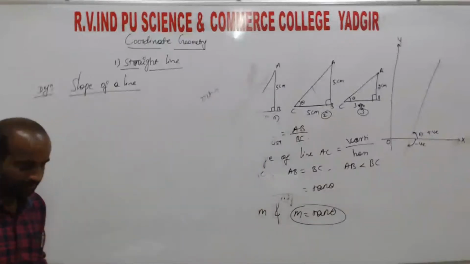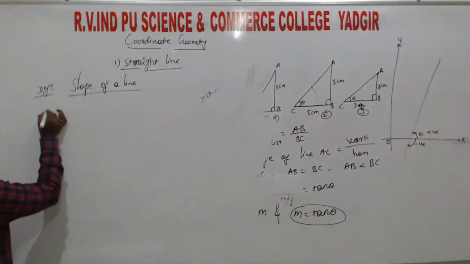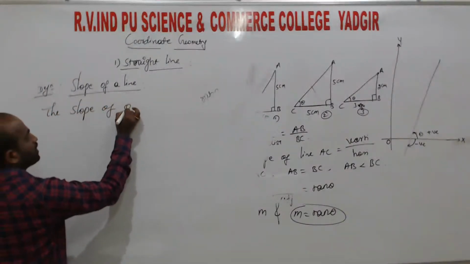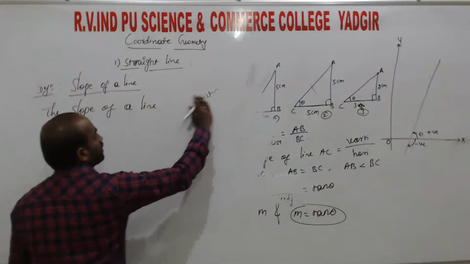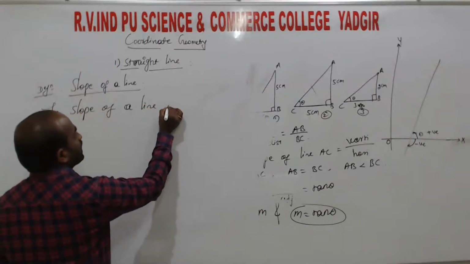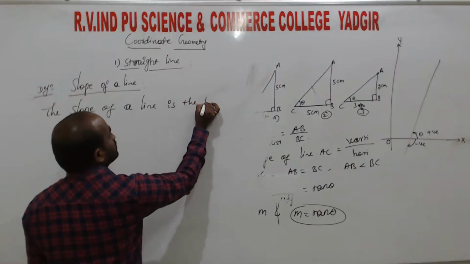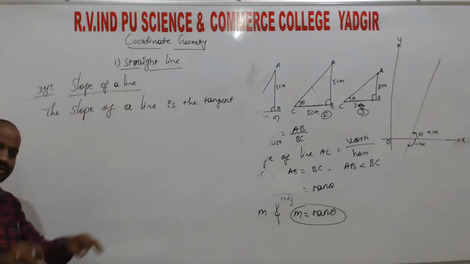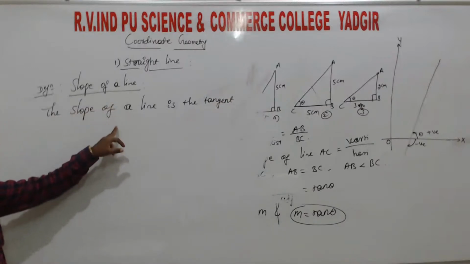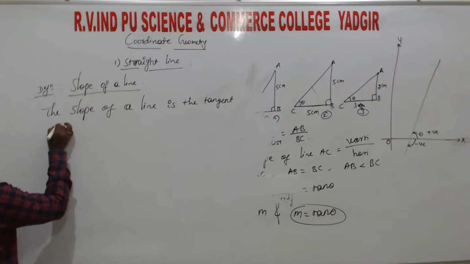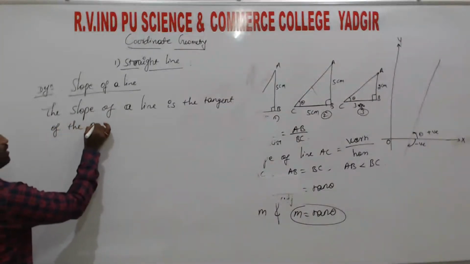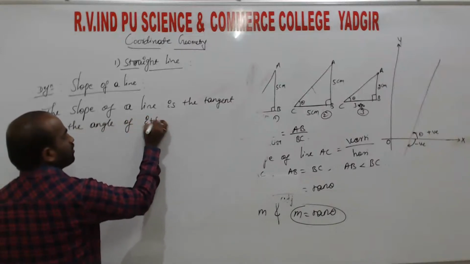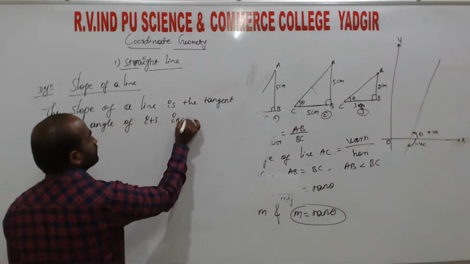Right now, actually, the slope of a line is the tangent of the angle of its inclination.